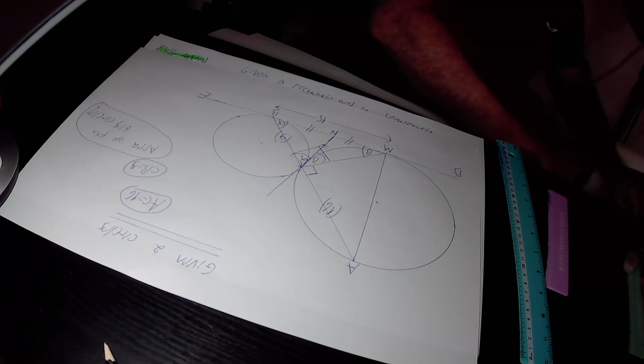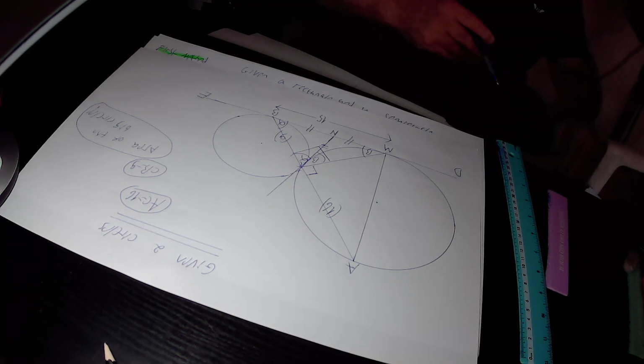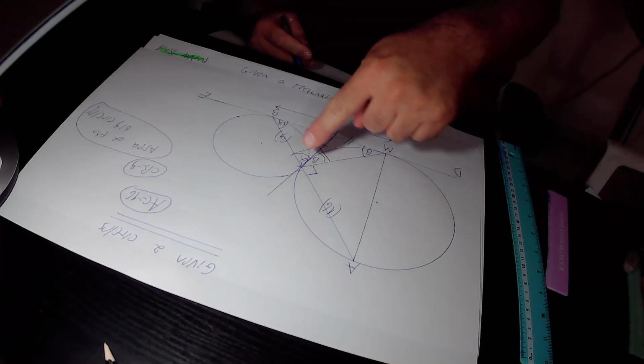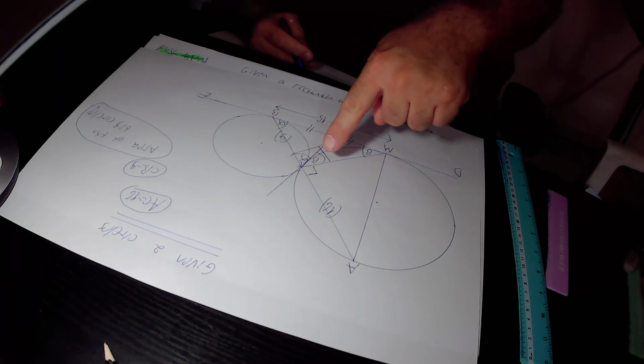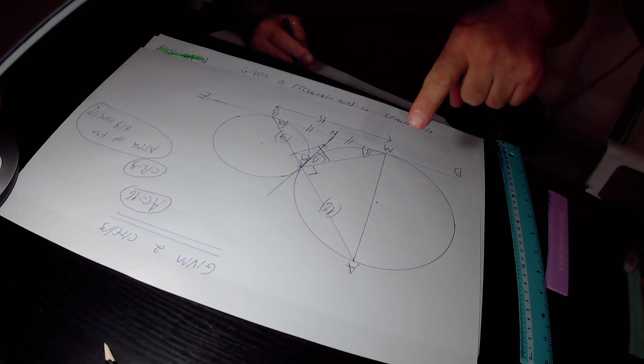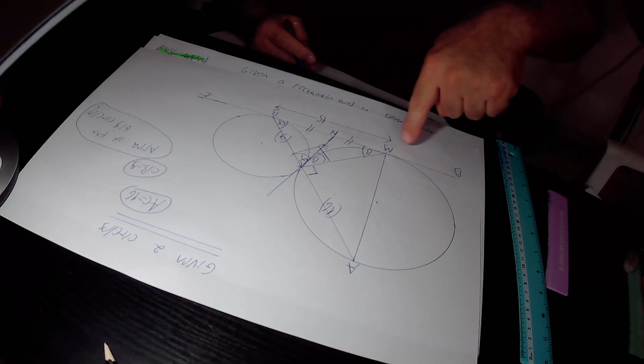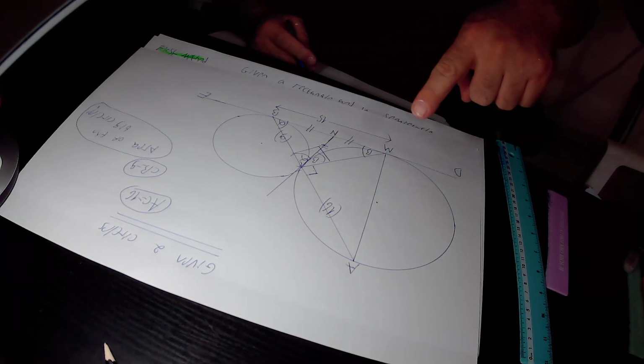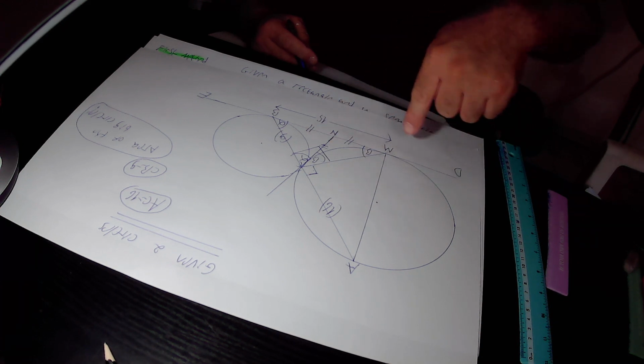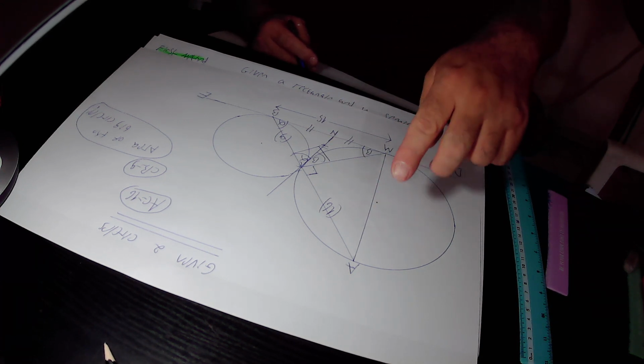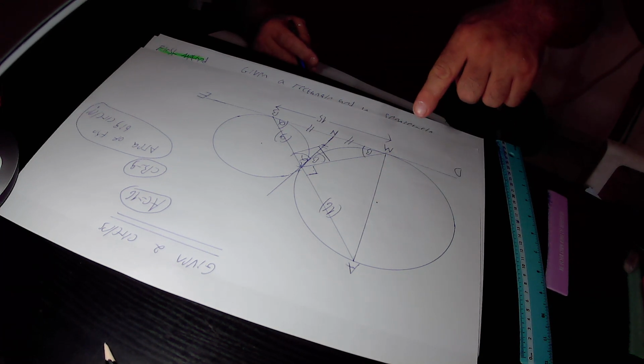Why? Because in our drawing, we have peripheral angle ACM that is equal to 90 degrees, and therefore peripheral angle ACM, that is the right angle, must subtend on the diameter of the circle. Peripheral angle ACM subtends on AM, and therefore AM must be the diameter of the circle.